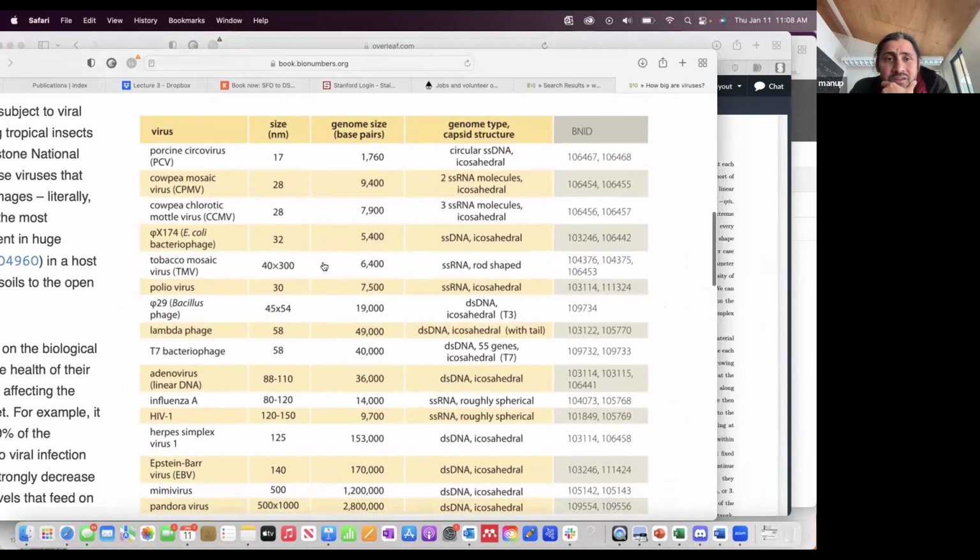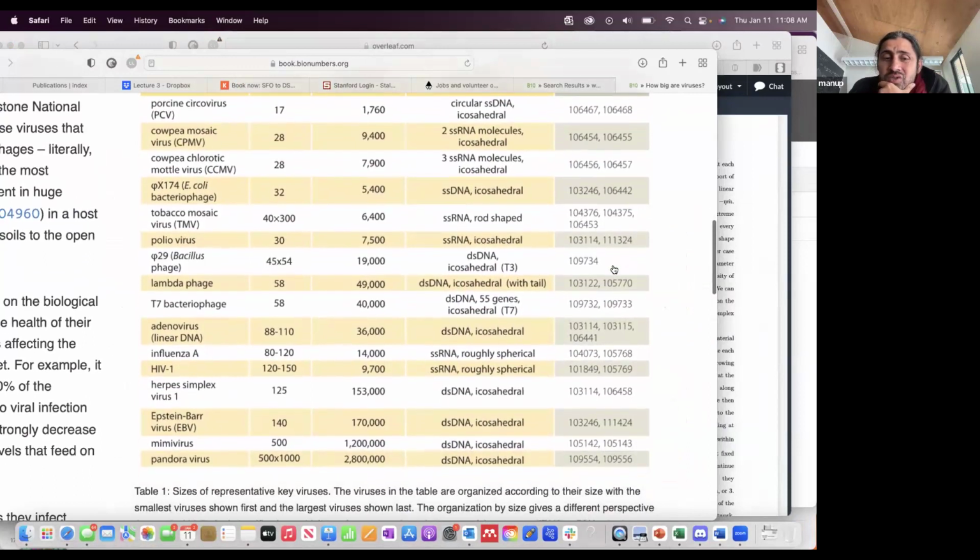Each has a size associated with it in nanometers. But what I want you to pay attention to is that every one of these sources has this unique number, the BNID number, which links you exactly to a source.